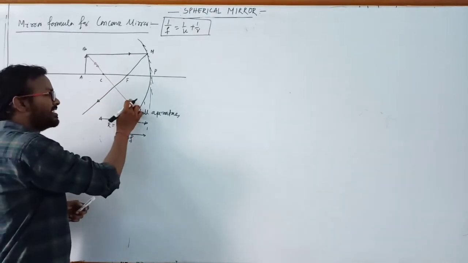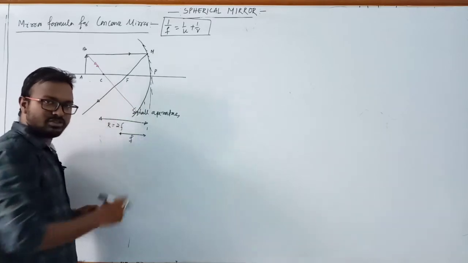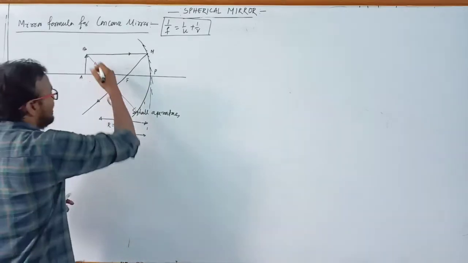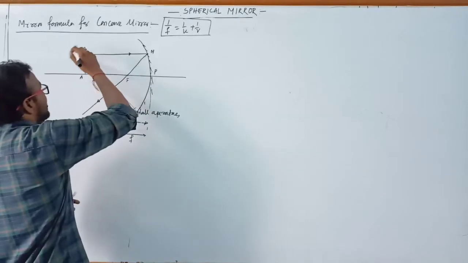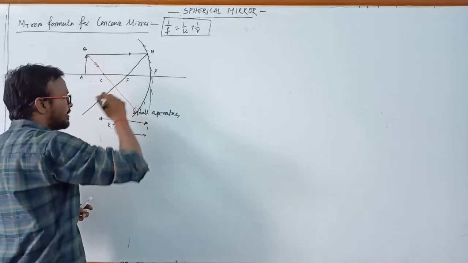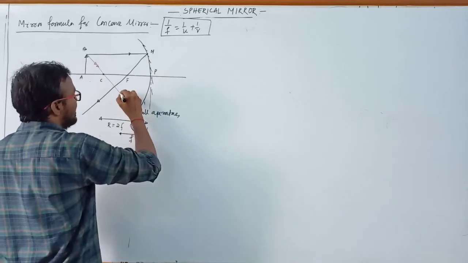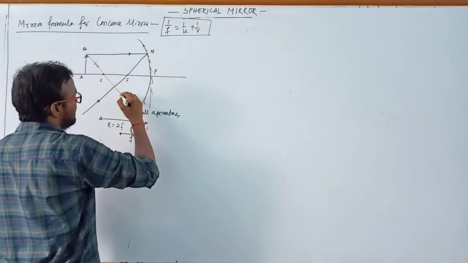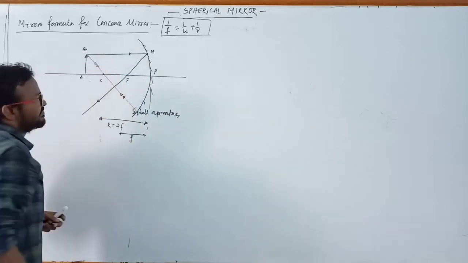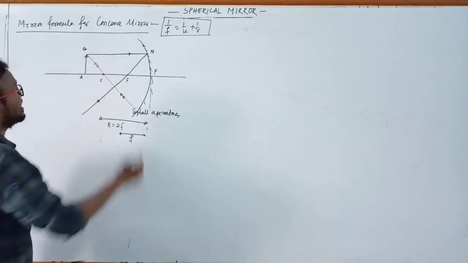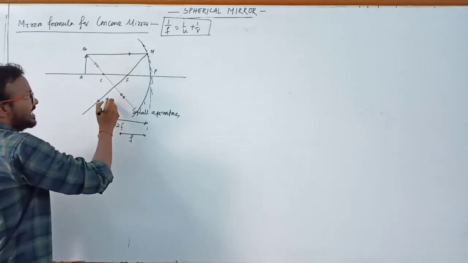That means the angle of incidence is equal to 0 degrees, so the angle of reflection is also 0 degrees. That means the ray passing through the center of curvature, after reflection at this point, traces its original path. That means it reflects back in the same direction as the incident direction. Clear?